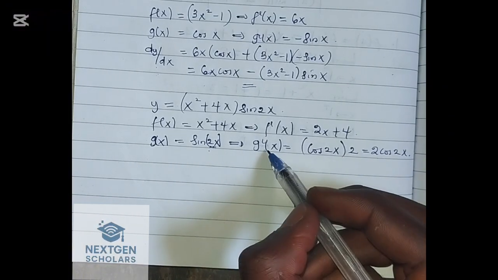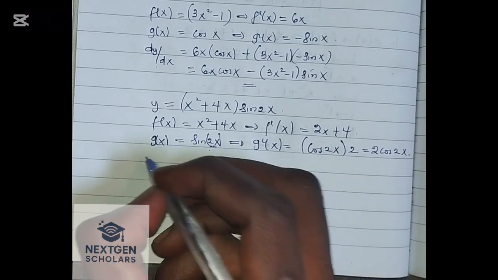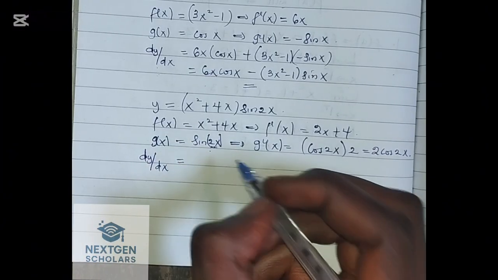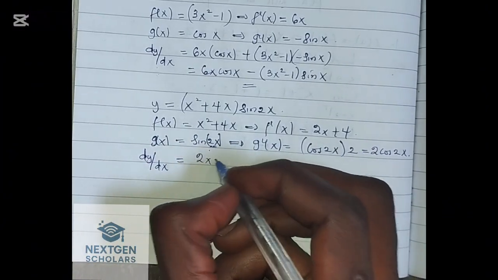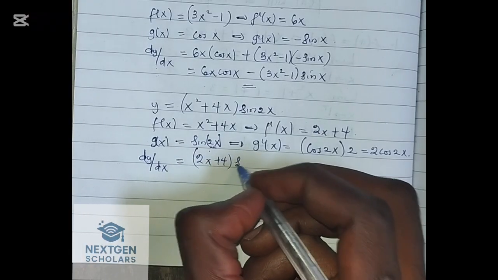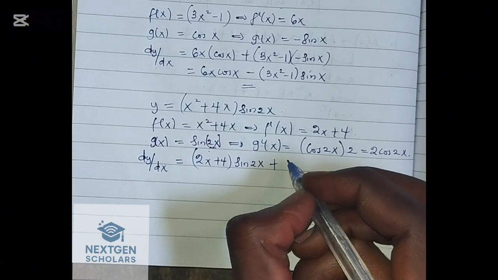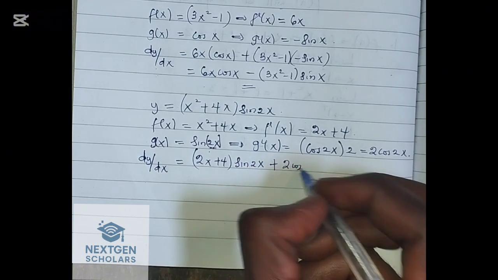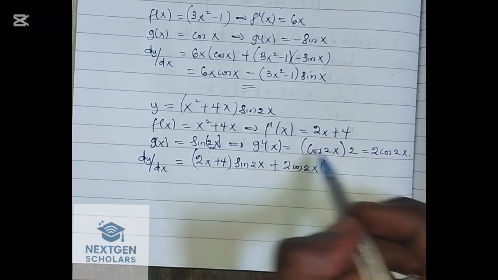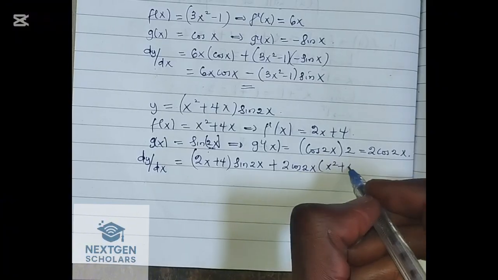So when you differentiate sine 2x, you will always get 2 cosine 2x. So we have g prime of x here, and we have f prime too. Let's compute the rule and see what we get. So dy/dx of the second function says f prime of x, that is 2x plus 4, into g of x, which is sine 2x, plus g prime of x, which is 2 cosine 2x, into f of x, which is x squared plus 4x.